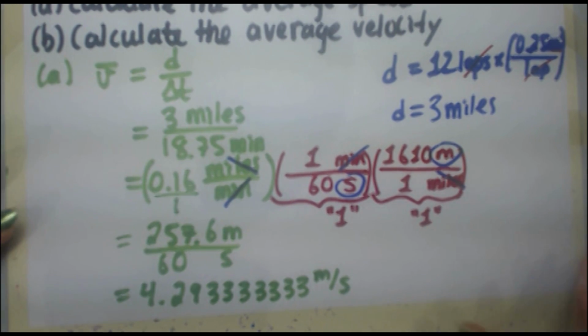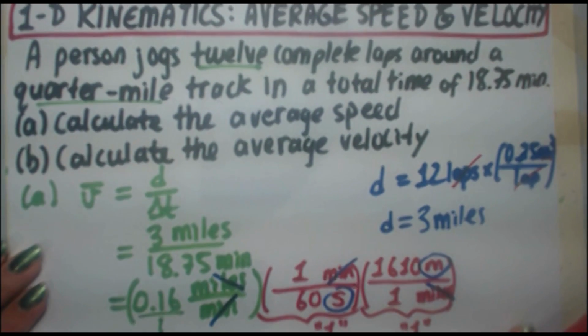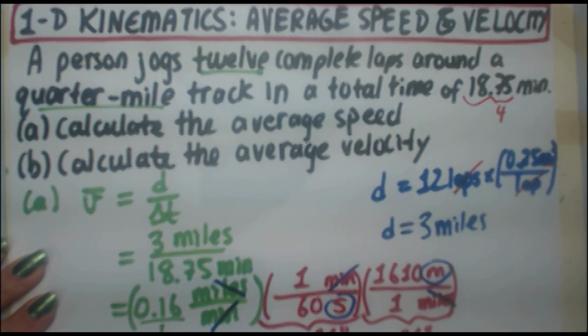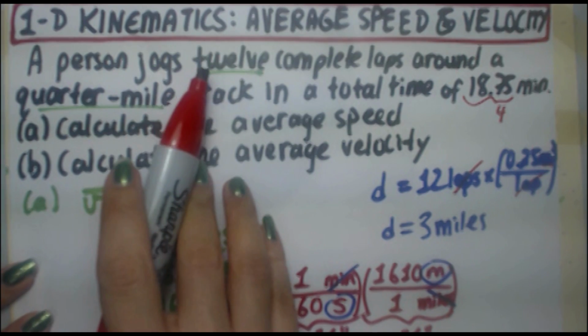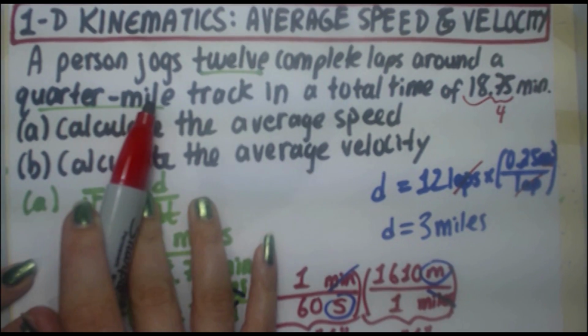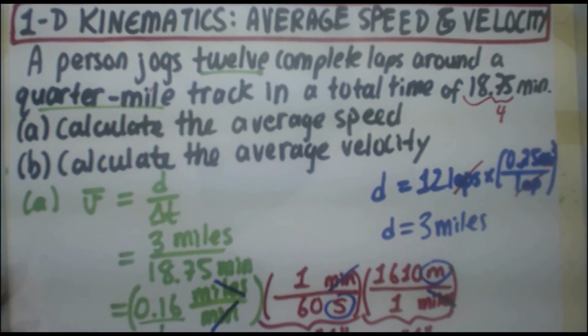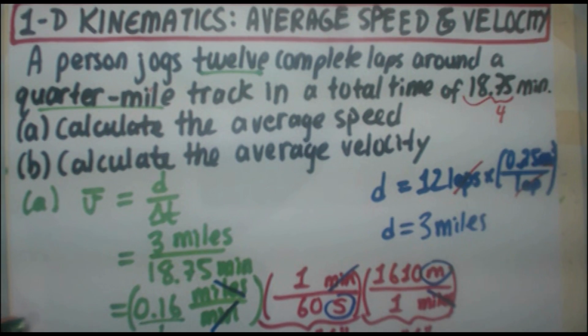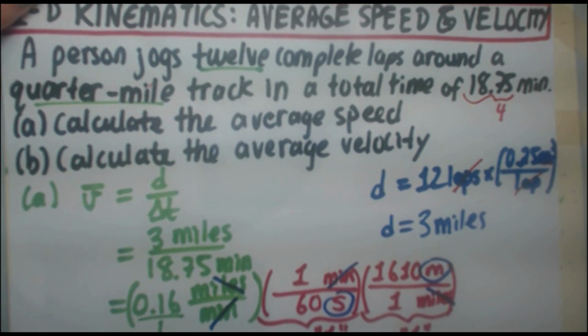Here's the thing with these kinds of questions. You've got 4 sig figs in the time, but you see how you're told 12 complete laps or a quarter mile? The reason they're not given to you in number form is because they're not giving you any level of certainty with that. So your only value that you can measure your sig figs against is the 18.75, which has 4 sig figs.